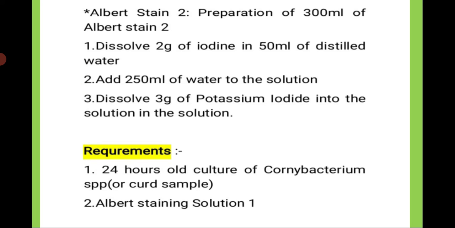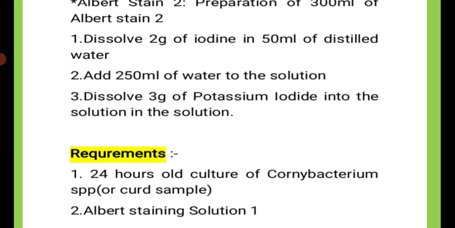Then the requirement for this practical: a 24 hours old culture of Corynebacterium diphtheriae, or we can make use of a curd sample. In curd, there is the presence of an organism that is Lactobacillus, and when we are using a curd sample for this practical or staining, the curd should be treated with xylene 2 to 3 times, so that the fat present in the curd will get removed, and so you will get organisms in a smear.